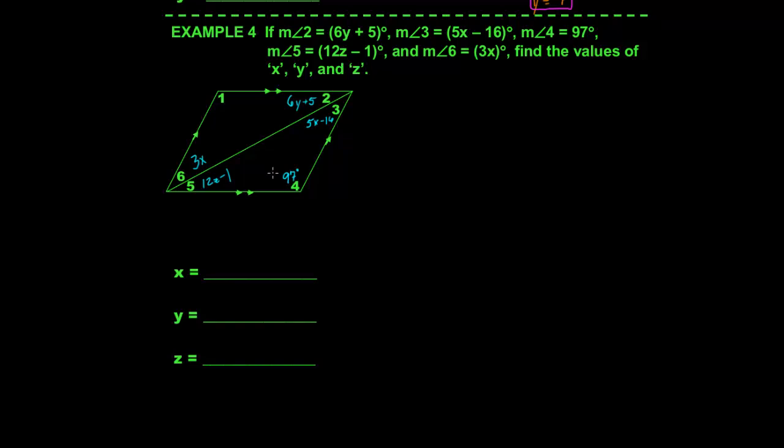From what I said before, we're going to look for two equations, two angles that are dealing with the same variable, 3 and 6. So if we're going to deal with 3 and 6, here's going to be our transversal. These will be our two lines. Our two lines will extend right here.